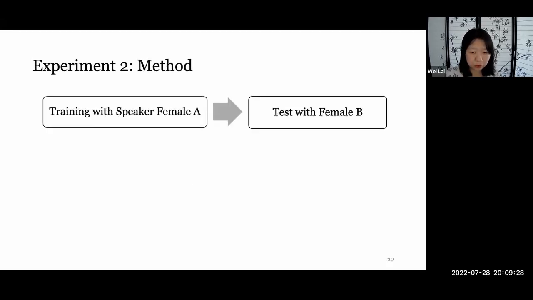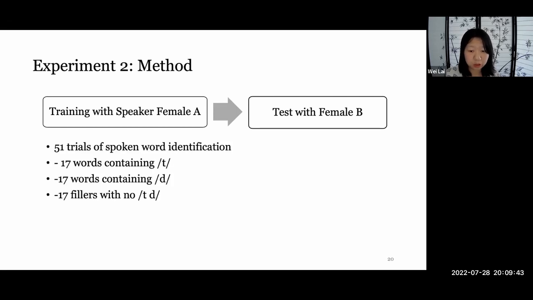So experiment 2 copies the setting of experiment 1, except that the target phonemes are changed to TD. It also contains 2 phases, a training phase with female A speech and a test phase with female B speech. In the training phase, listeners will hear 17 words containing T, 17 words containing D, and 17 words of fillers. So the whole point is that listeners can get exposure to female A's TD and temporal cues in general.